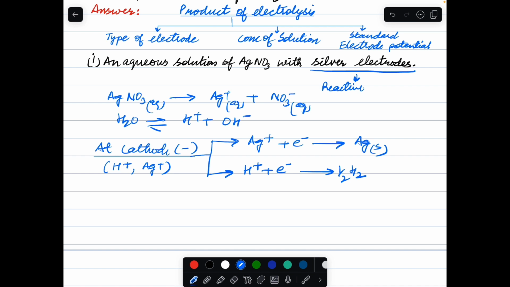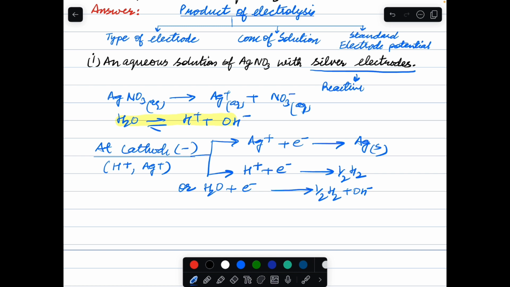Okay, now this reaction we can write in terms of the reduction of water also. So H2O plus electron gives you half H2 plus OH minus. Here we have to keep in mind that we are having the ionization of water while writing the second equation.